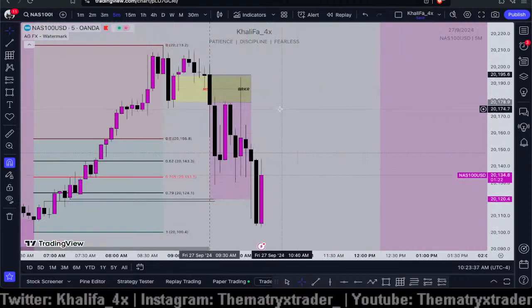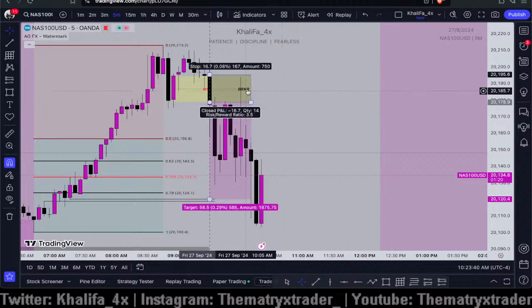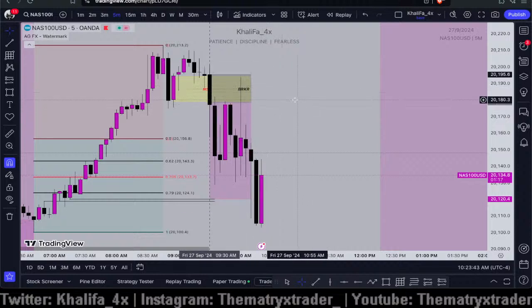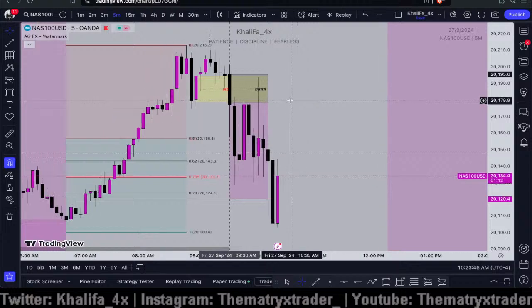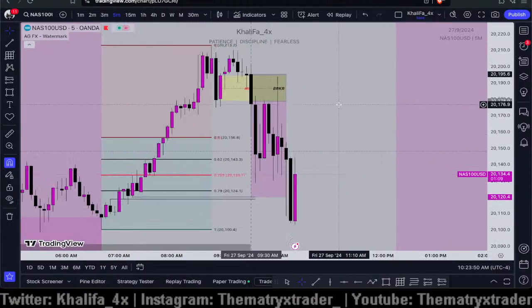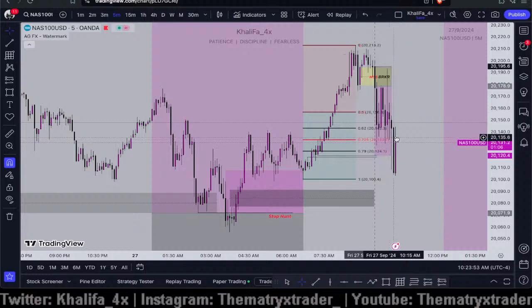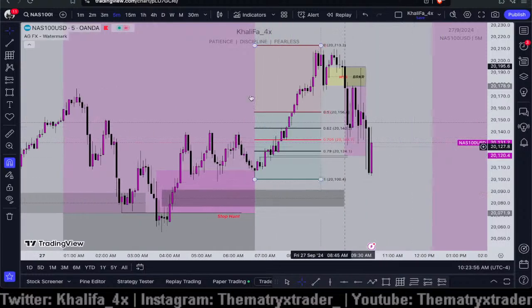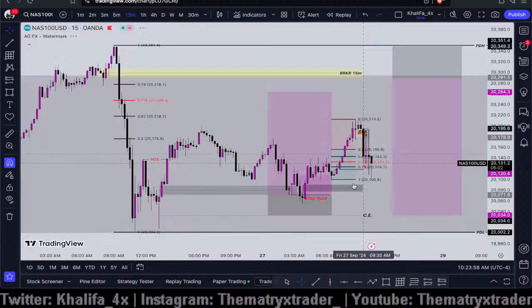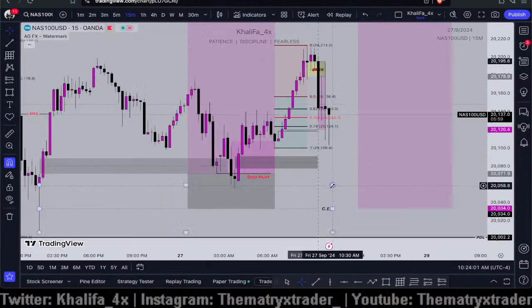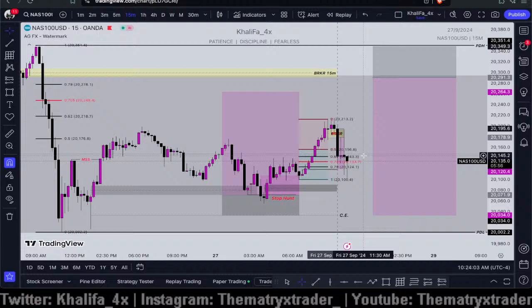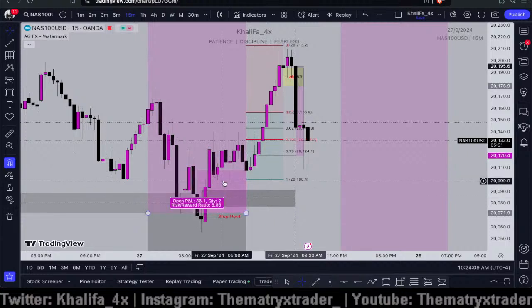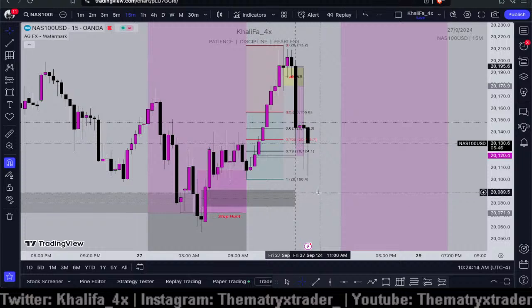So many people are short on this, but this wick took all of them out of the trade. This is what the algorithm does, I believe. Now, optimally, or you can say potentially, we are in the buy program for the NASDAQ. I said potentially, right? Since we already did the stop hunt, now I'm expecting price to come to.